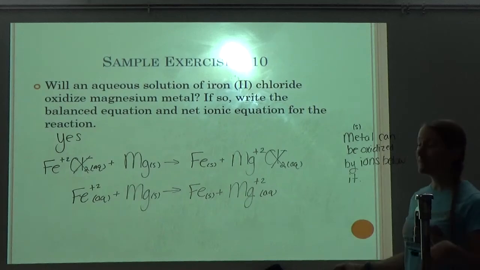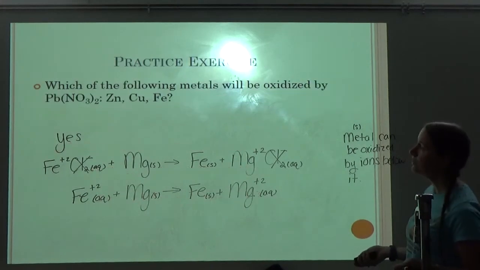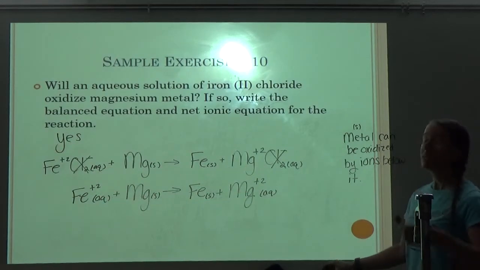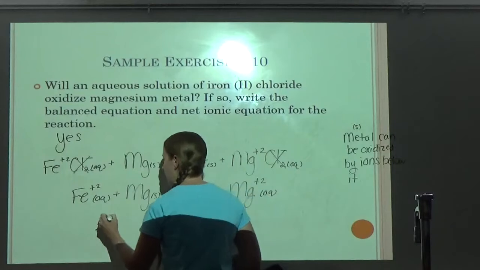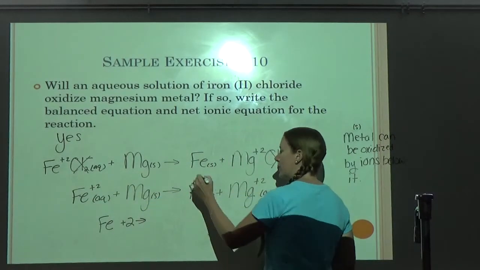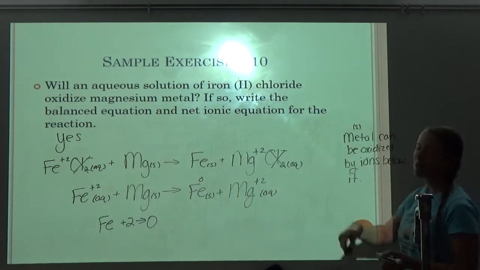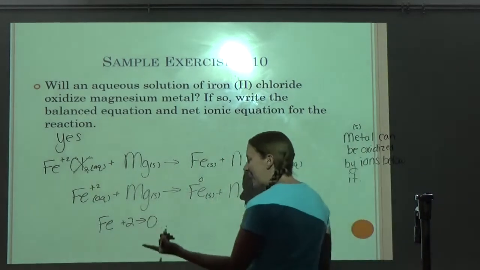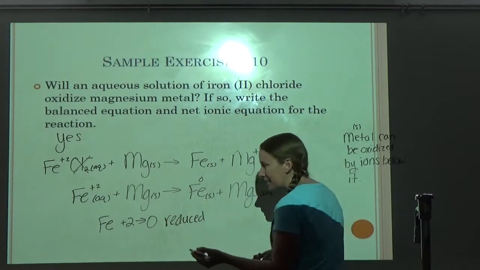Before I erase, let me make sure there's not a part 2 asking about what's oxidized and reduced. It does not. But if it did ask, I'm just going to throw that out there. Fe went from positive 2 to, when it's by itself, 0. So that was a gain. Oh, I erased my OIL RIG. That was a gain, so iron is reduced because it gained electrons.